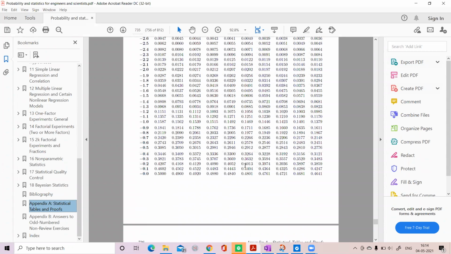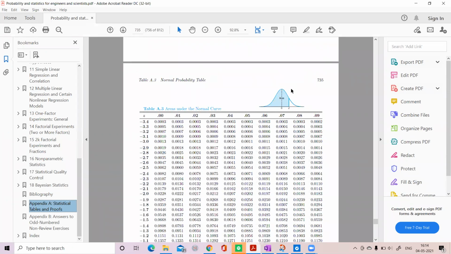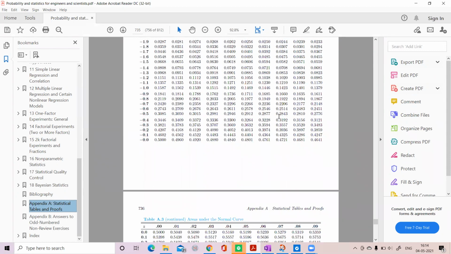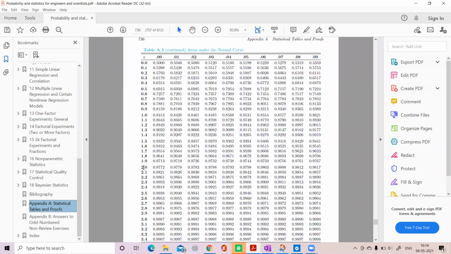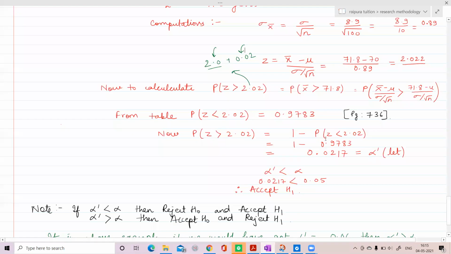As you can see, this is a left-sided value. So we are calculating the left-sided value for 2.0, which is somewhere here, and for 0.02, which is here. You can see that the value is 0.9783.